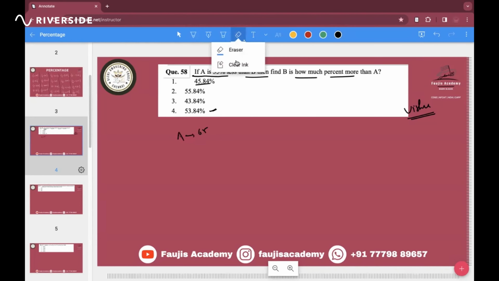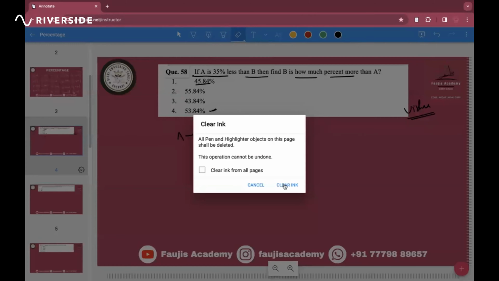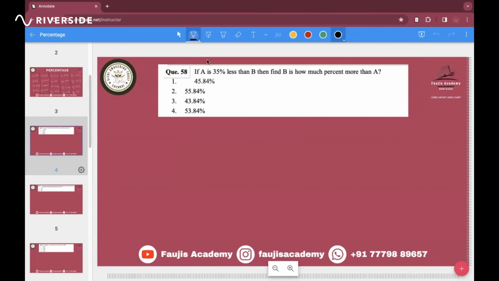One minute. If we assume some random number A is equal to 110, then B is equal to 135. Can we write something like this? Yes or no?